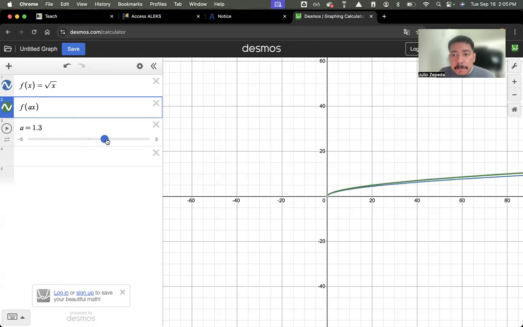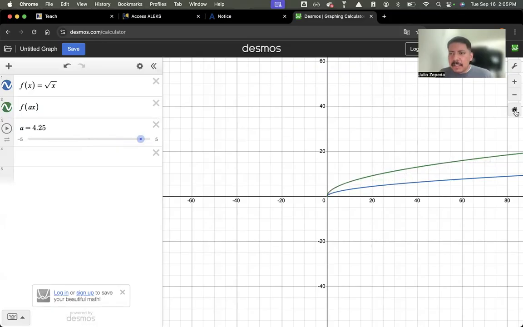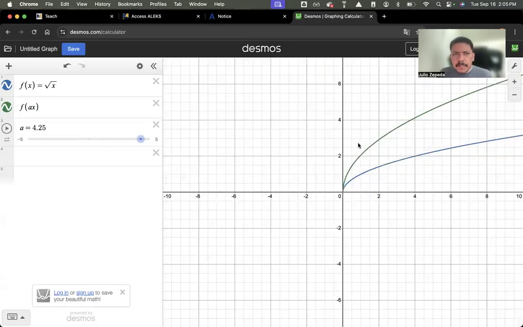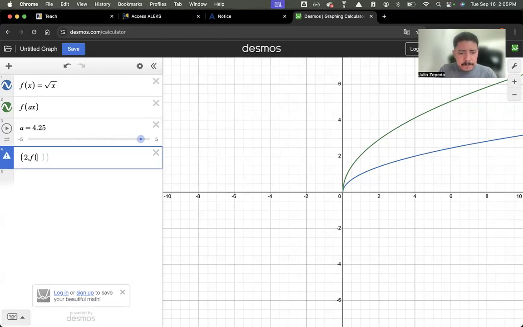Let me increase it. This green graph, it may be a little bit hard to see, but let me put something like 2, f of 2.